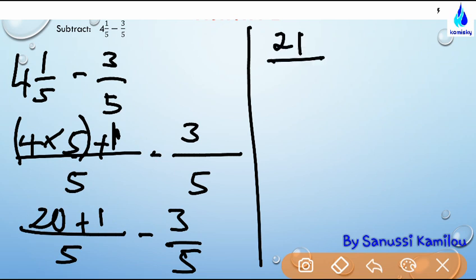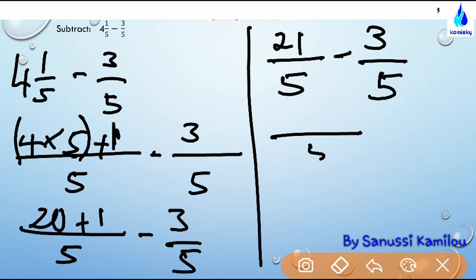21 over 5, minus 3 over 5. As for the next one, it is what we call a proper fraction. Since they have the same denominators, then you should be happy.